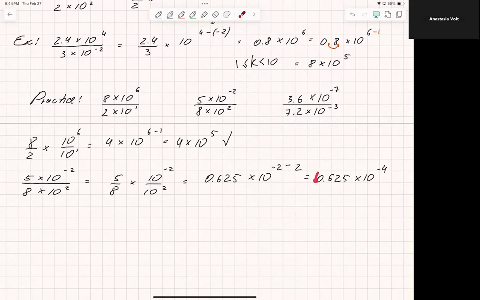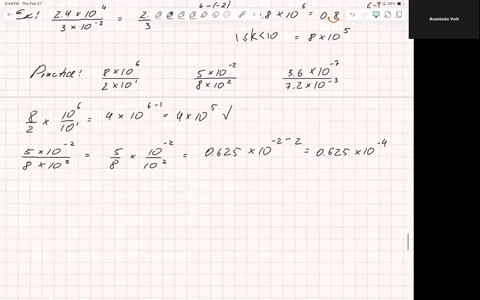But now, as you can see, the 0 cannot be k, so we need to move the decimal point to the right until we have a value that is between 1 and 10. So 6 is a good candidate for k, so we would have 6.25 times 10.